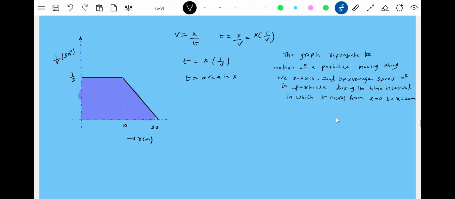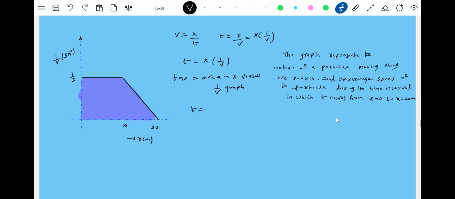Area in x versus 1 by v graph. Able to understand x versus 1 by v graph? That is what, and this should be equal to time. Let's calculate, and it's a trapezium, no? Let's go for the area. This time t is equal to the area.